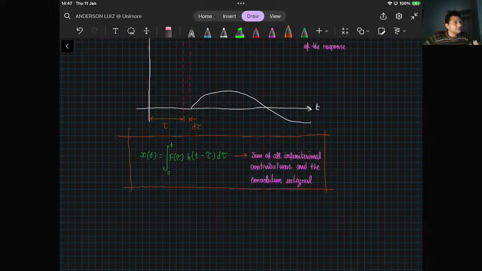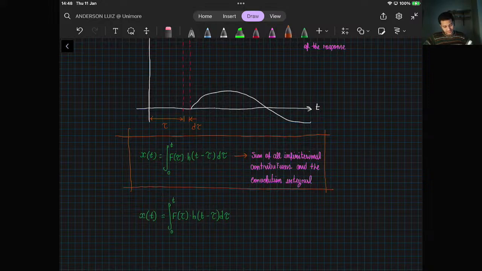The convolution integral is a symmetric integral operator. To prove this statement, let us consider the equation of the convolution integral again. Let's write it again here below: from 0 to t, f(tau) times h(t minus tau) d tau. Now change the integration variable. The new integration variable will be lambda.